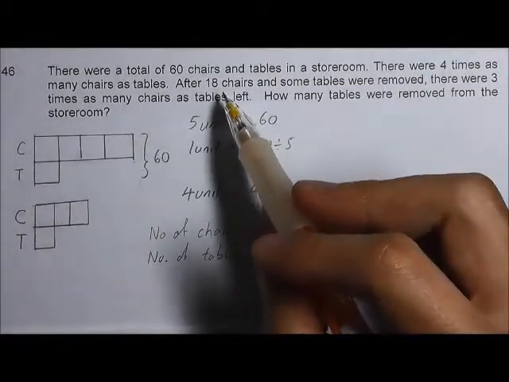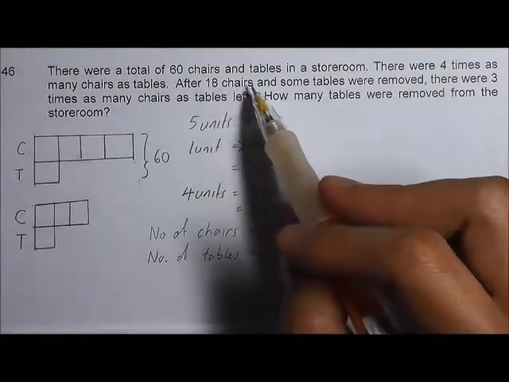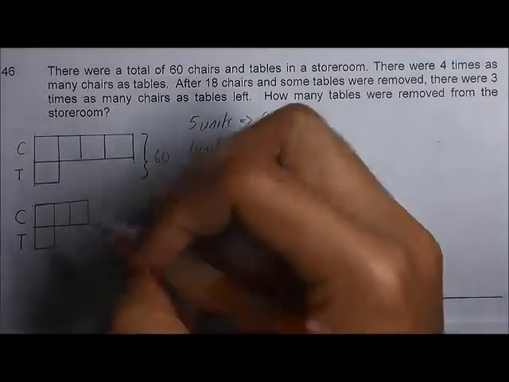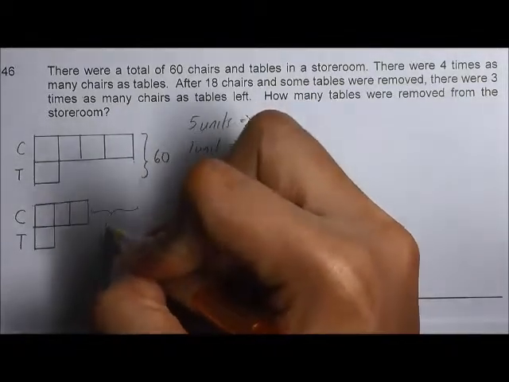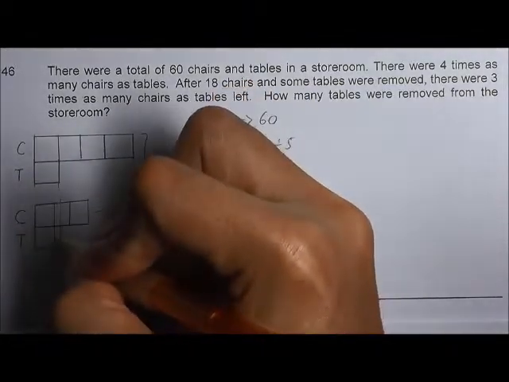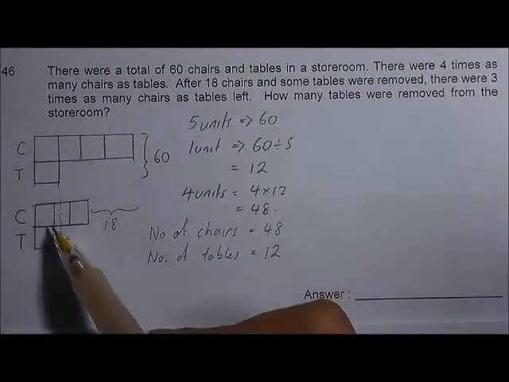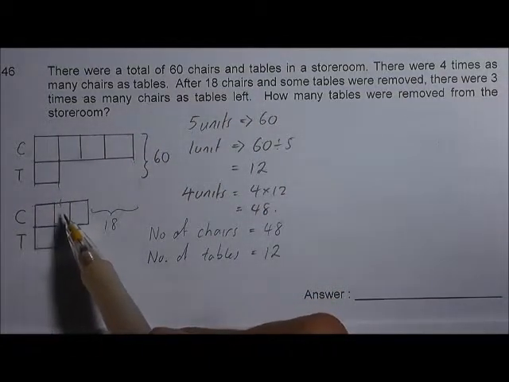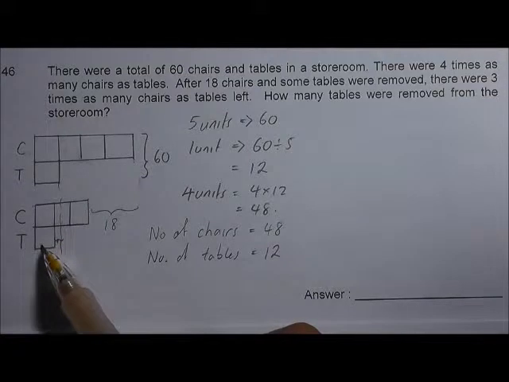And after that, we remove 18 chairs and some tables, and we find that there are 3 times as many chairs as tables.